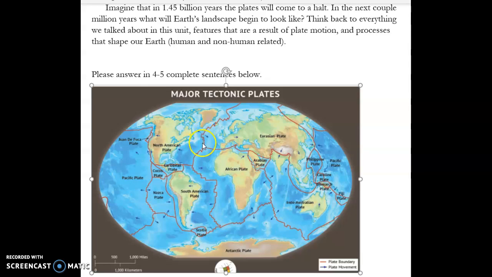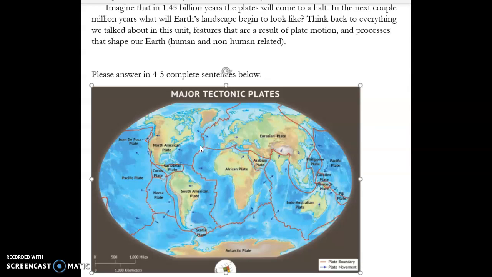Remember, we didn't know that these ridges existed until we had the discovery of sonar, which happened during World War II. Remember Wegener, the one who came up with this idea that continents were once together? He didn't have this information. He couldn't explain how they move. So this is one mechanism of how they move.